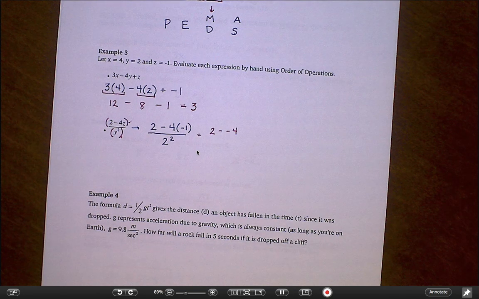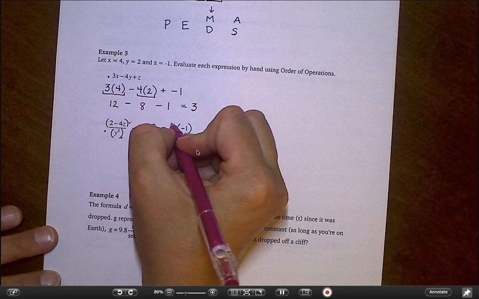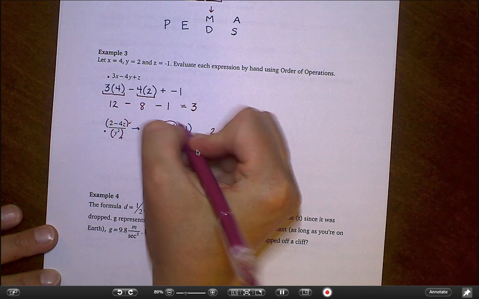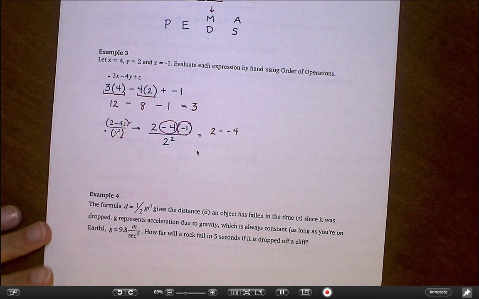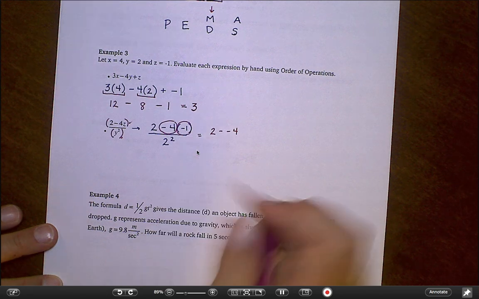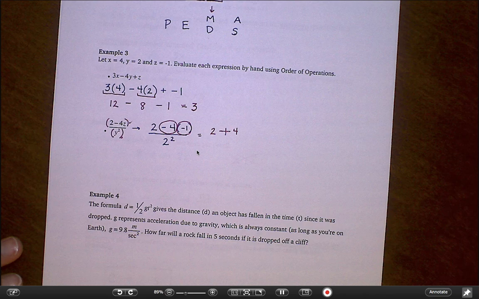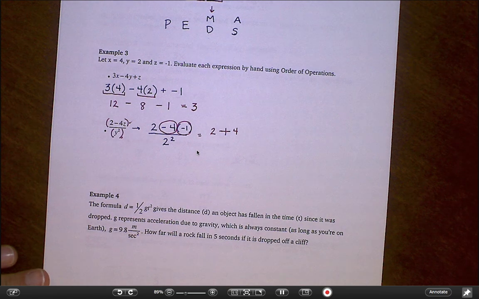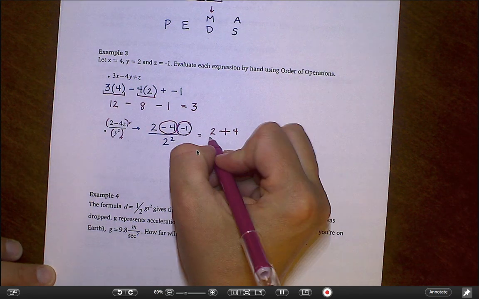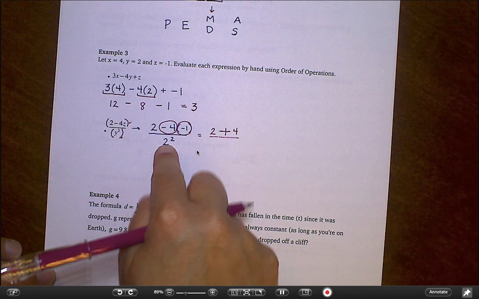The way I would probably prefer to think about that is this is really like a negative 4 times a negative 1. And so negative 4 times negative 1 just makes a positive 4. And we know that subtracting a negative is the same thing as adding anyway. So one way or another, no matter how you come to that, you should end up with a 2 plus 4 up on top.